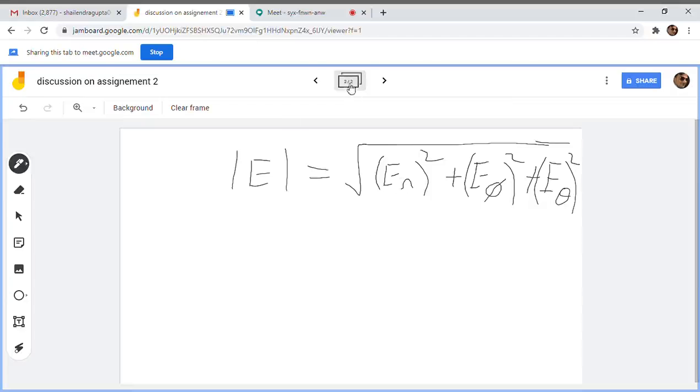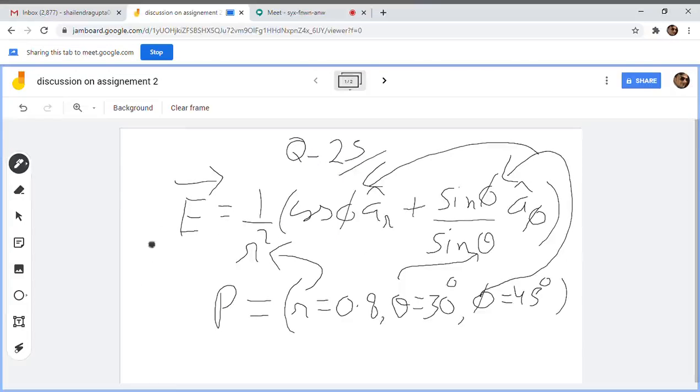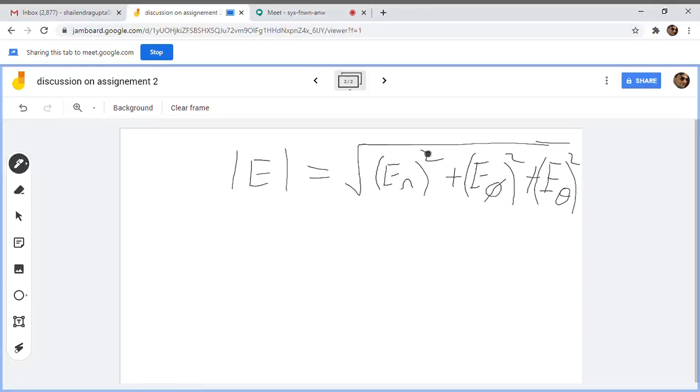You will see that this electric field is oriented only in the radial direction and in the phi direction, the direction you make with the x-axis. So it has a circumferential direction and a radial direction. It will not have any theta component, because the theta component is 0 here. So you put in the E_r value, the E_phi value, and make E_theta 0. This will give you the electric field modulus.